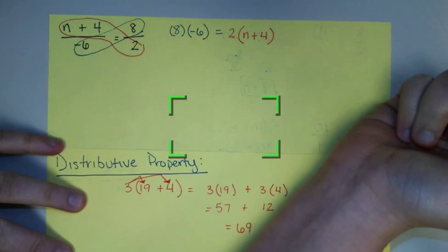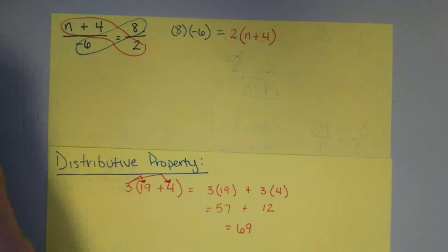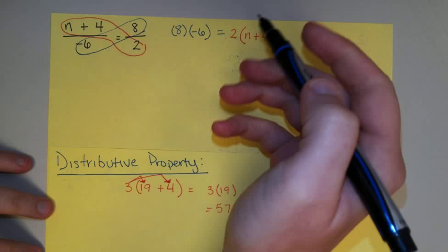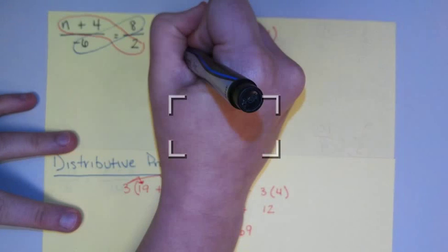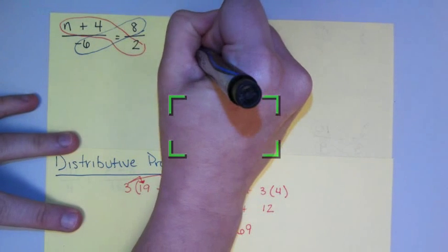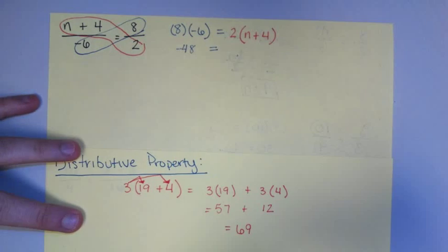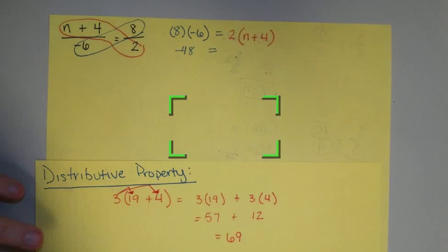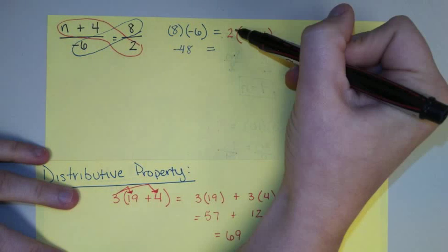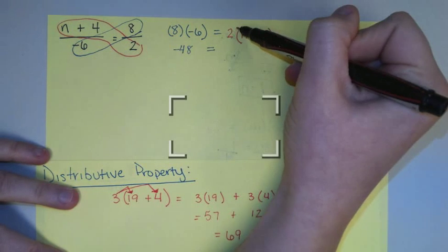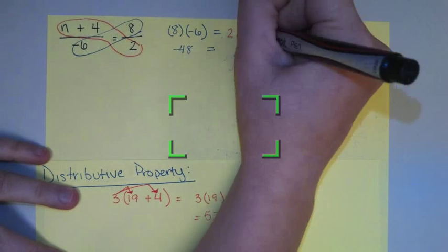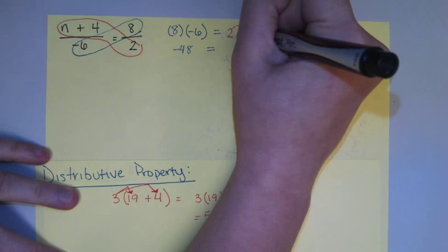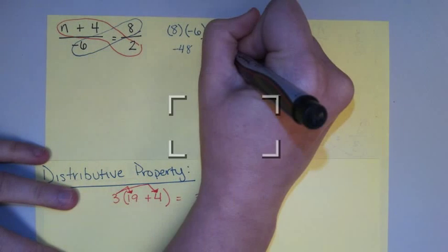So now we'll start with our 8 times -6, which gives us a -48. Bring down our equal sign. And now we will distribute our 2 because it is in front of our parenthesis. So 2 times n gives us 2n.